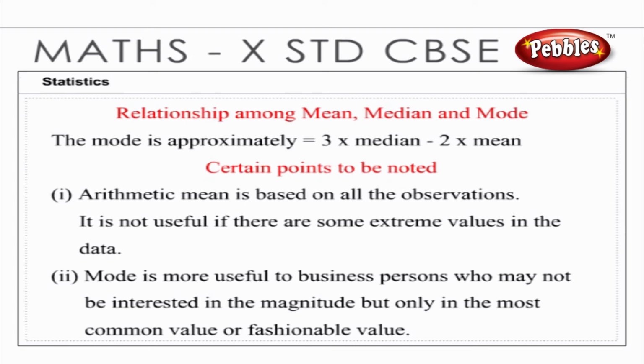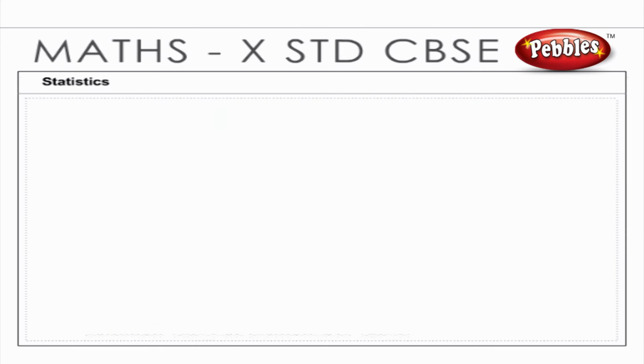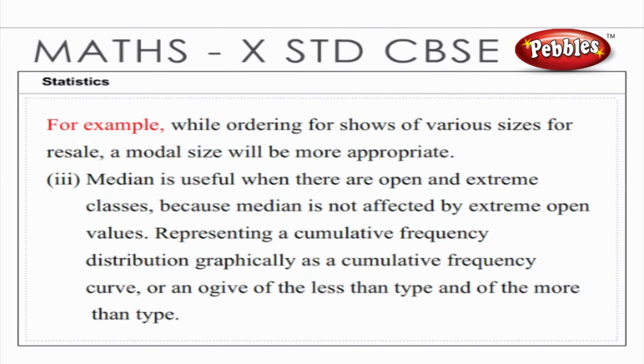Second, mode is more useful to business persons who may not be interested in the magnitude but only in the most common value or fashionable value. For example, while ordering for shoes of various sizes for resale, a modal size will be more appropriate.